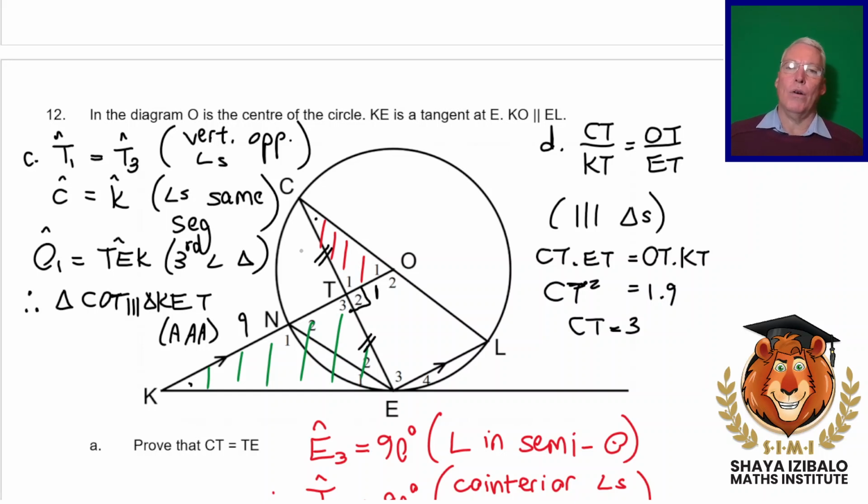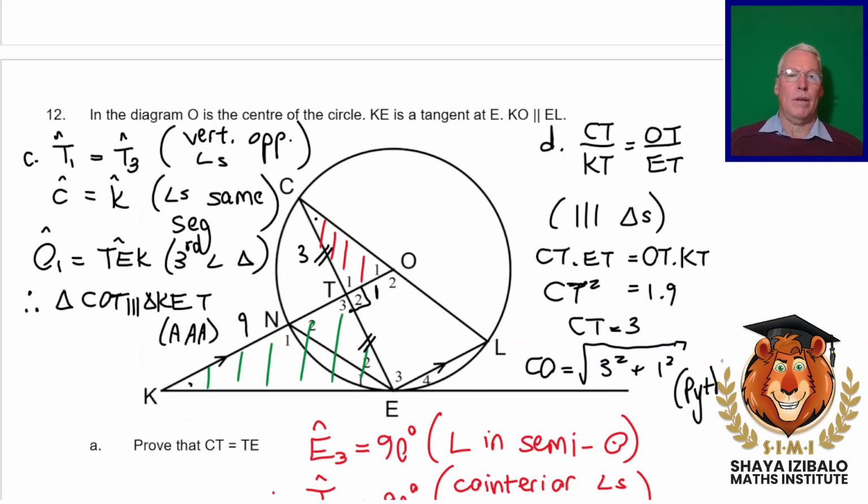CO is going to be the square root of 3 squared plus 1 squared. And the reason for that is Pythagoras. Okay, so in fact CO is the square root of 10.